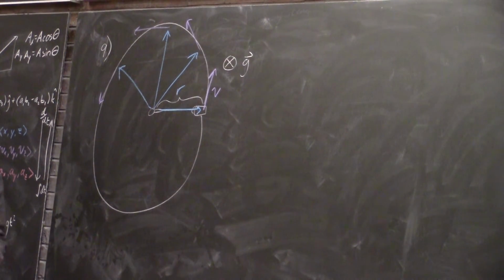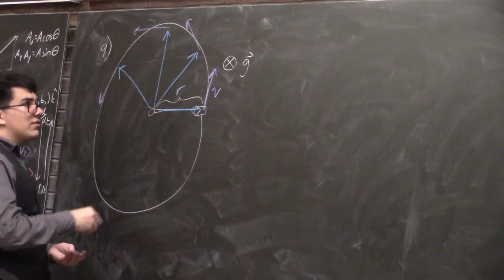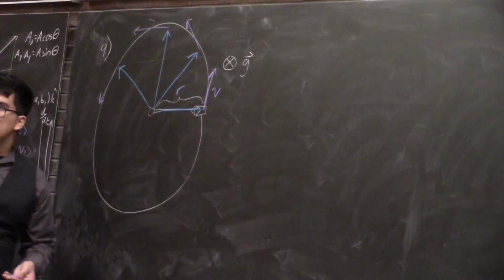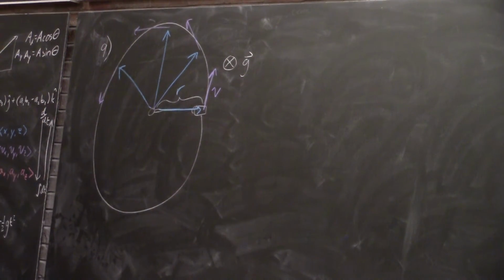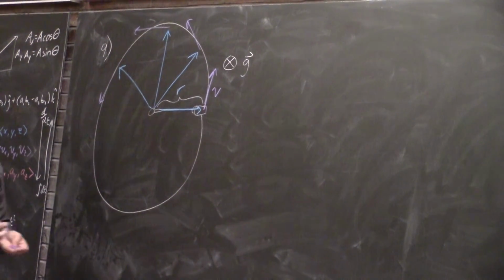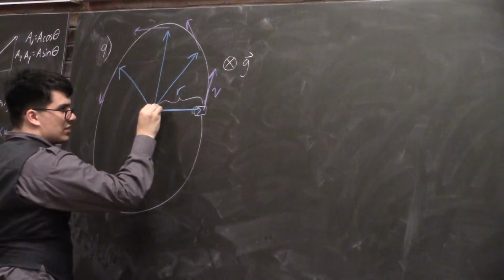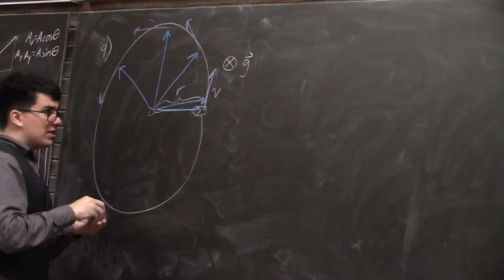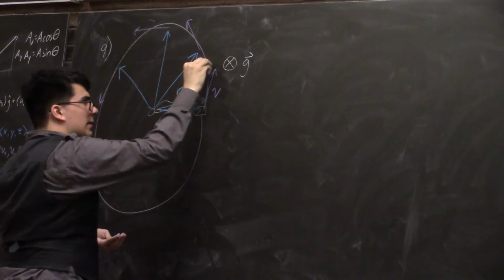But what we can see then is, since the velocity direction is changing, velocity is changing. So there must be some acceleration at play here. Let's say a tiny distance over here, I have another velocity that's pointing this way.